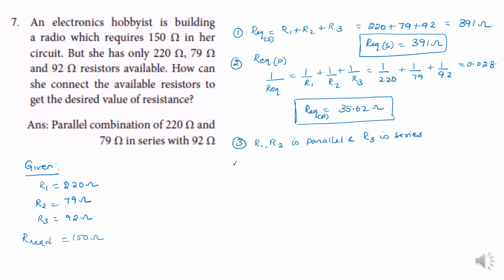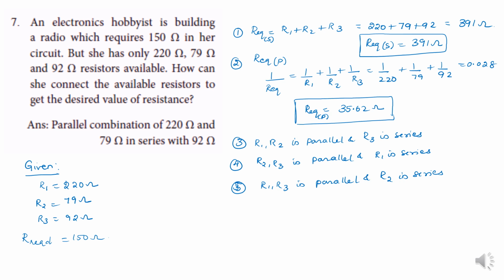Fourth option is going to be R2, R3 in parallel and R1 in series, okay. Or what you can do is fifth option, R1, R3 in parallel and R2 in series, okay.